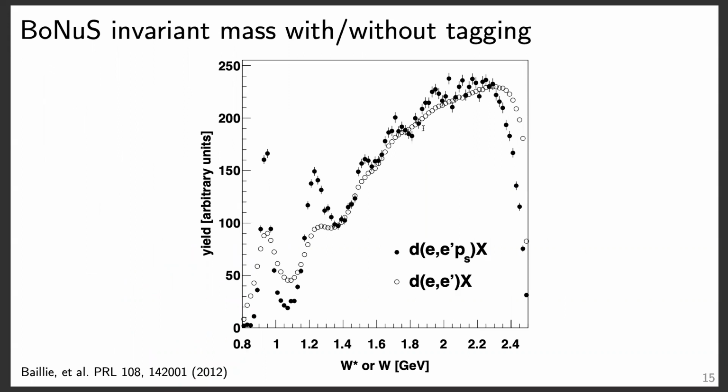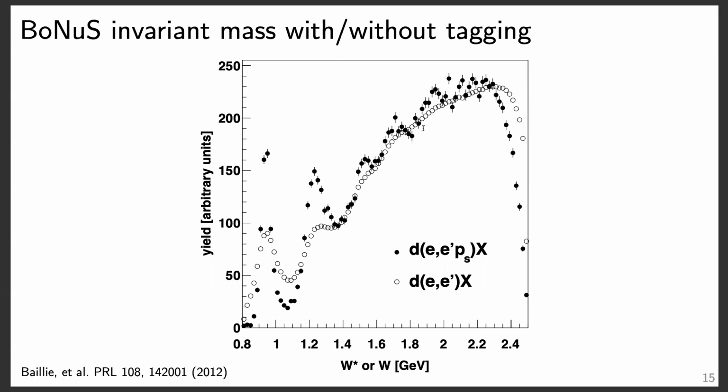Before I show the results, I wanted to show the invariant mass spectrum that they measured, and I think this might be one of the best single image explanations for tag DIS that exists. What you're seeing here are two invariant mass spectra. The first is reconstructed using just the scattered electron, and the second is reconstructed using the scattered electron and the recoil spectator, which allows you to take Fermi motion into account.